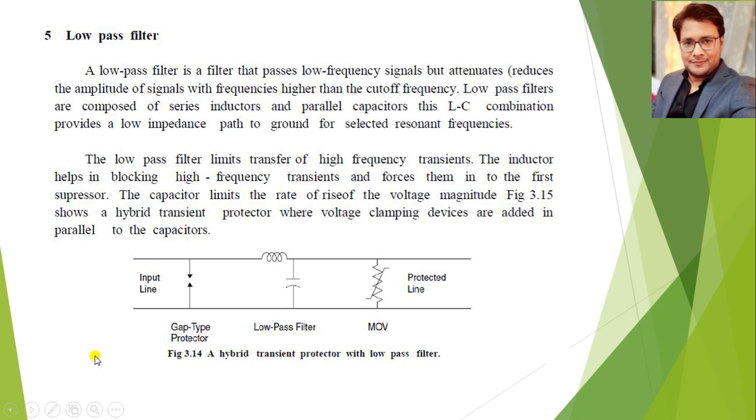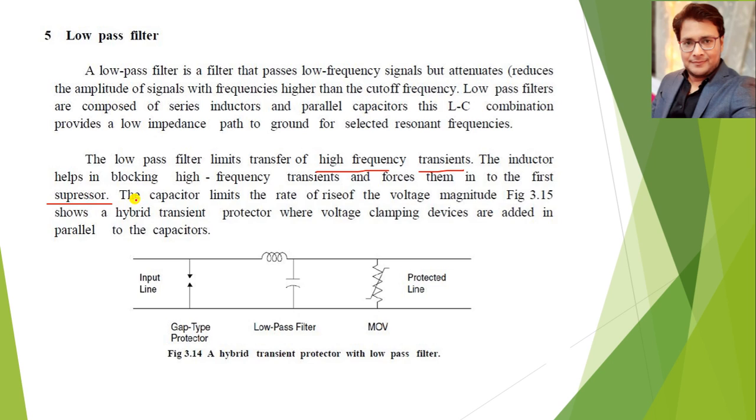Low pass filter limits transfer of high frequency transient. The inductors help in blocking high frequency transient and force them into the transient suppressor.